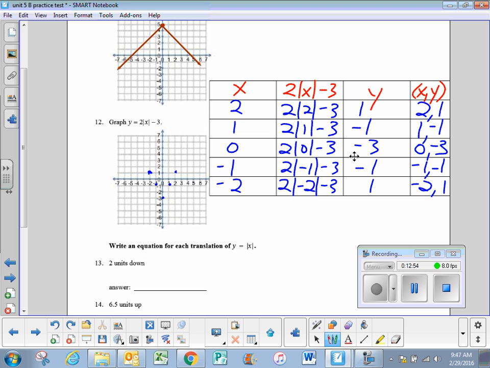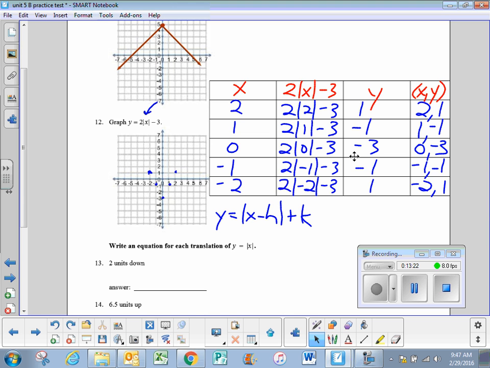Now if we look at our equation, y equals the absolute value of x minus h plus k, what's our vertex? What are we subtracting from x here? 0, because x minus 0 is x, right? So according to this, my vertex would be 0, -3. And look, it was. Pretty cool, huh?